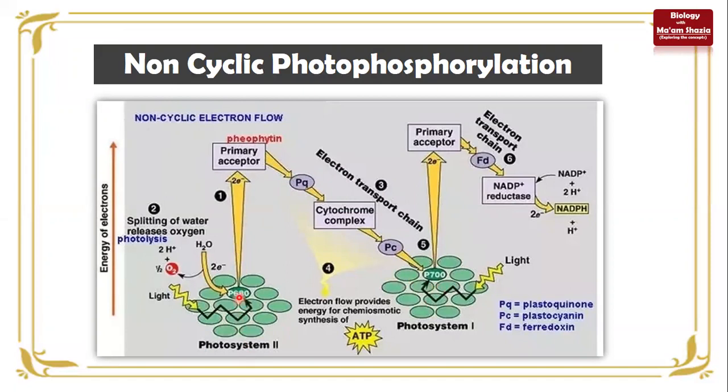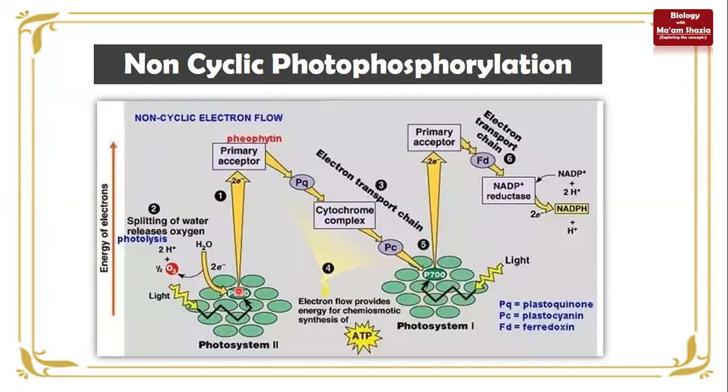This is P680, the removal of electron. This arrow is showing you the removal of electron. How will this electron come out of photosystem 2? By the use of sunlight, the photon will excite the electrons of P680, and two electrons will come out of it. These two electrons, after moving through the electron transport chain, will reach photosystem 1.